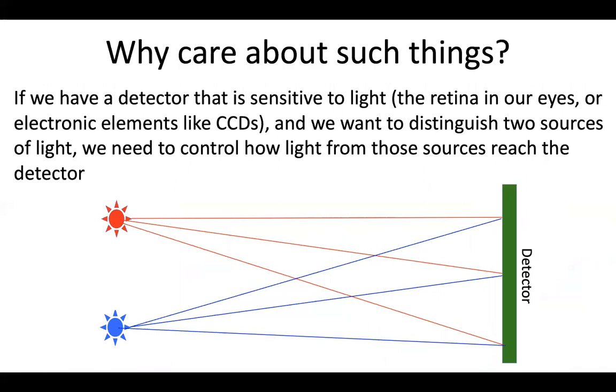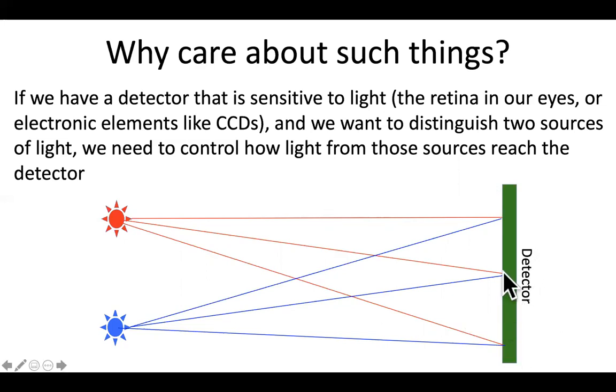There is some element in these optical instruments that is responsible for detecting light. This is the fundamental thing we think about a lot. It's the retina of our eye. It is also the CCD chip or some electronic component in modern cameras, or film if you're really old.